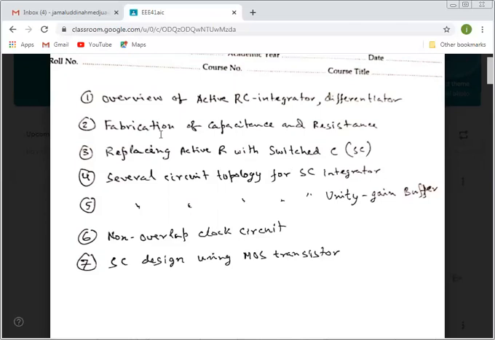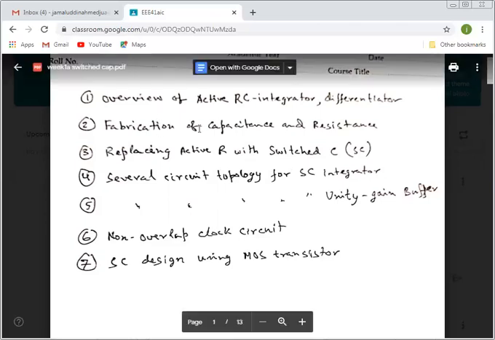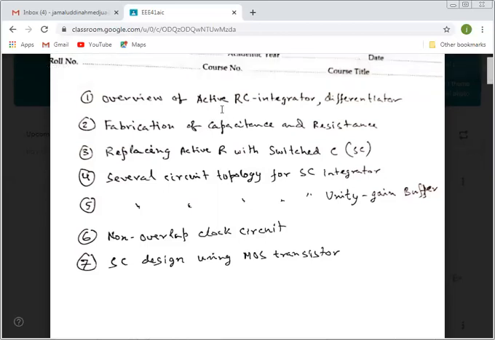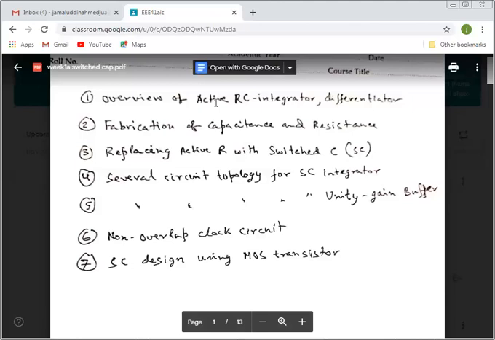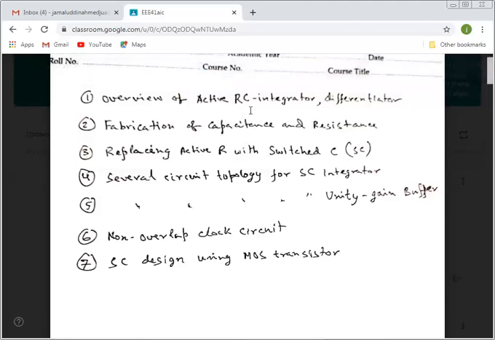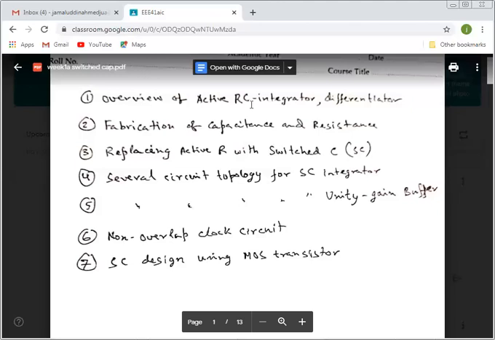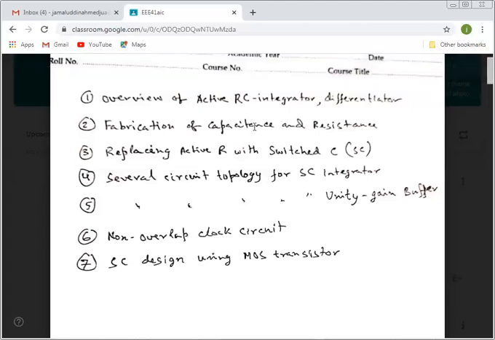In the beginning, I will do some overview regarding integrator and differentiator as we have used before with the RC, active resistance and capacitance, how they work, and then I'll move to the integrator and differentiator design with the switch capacitor.